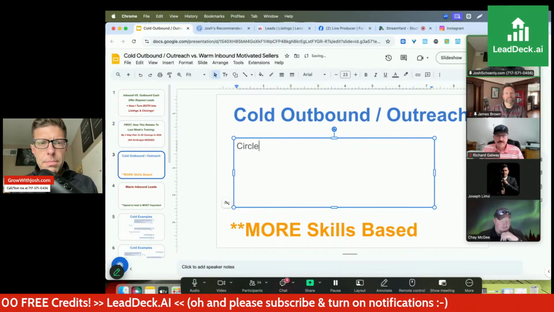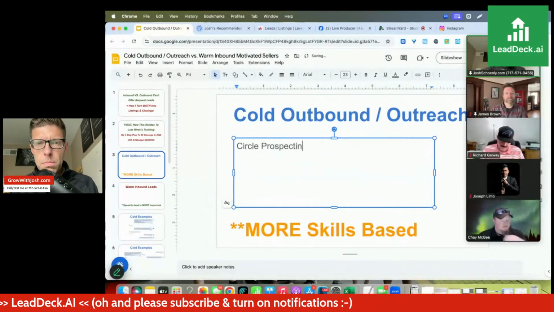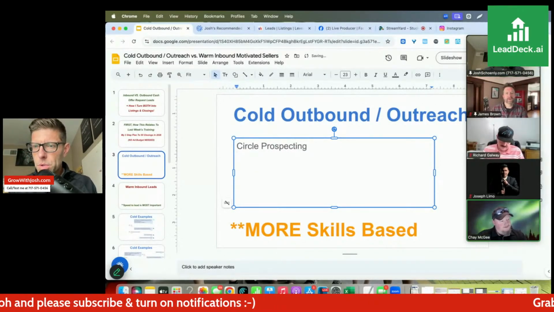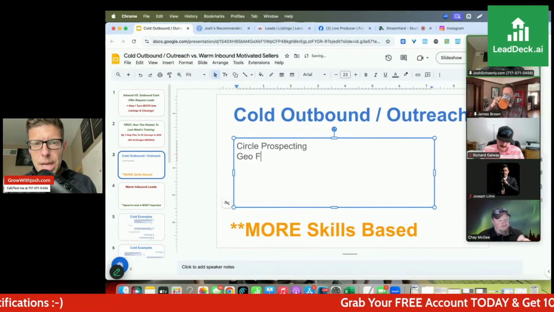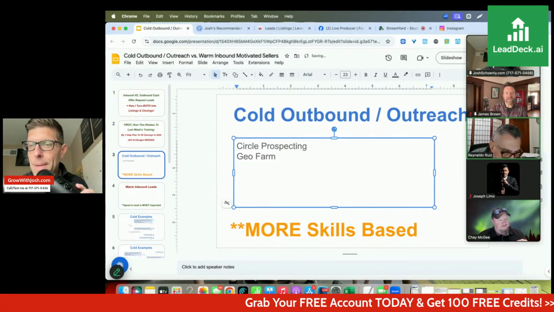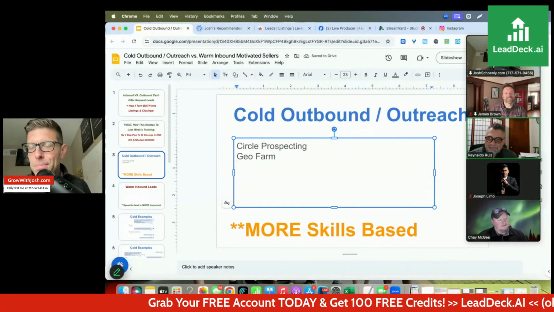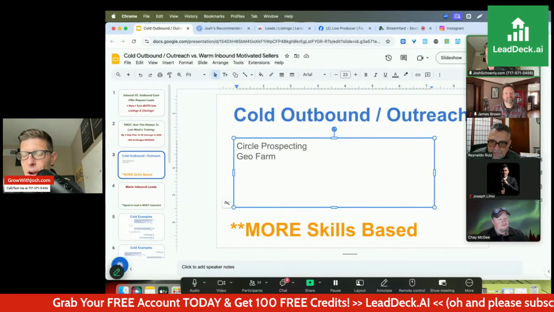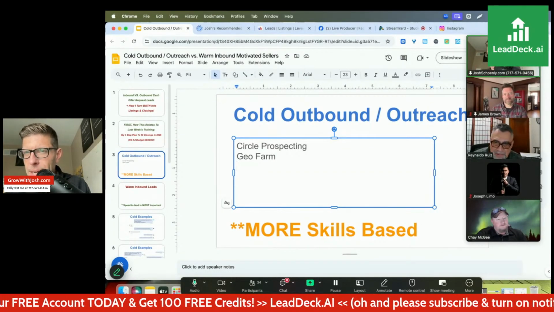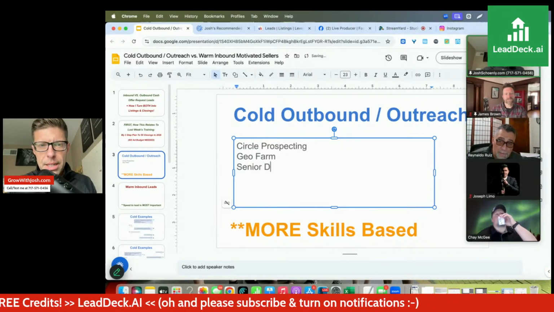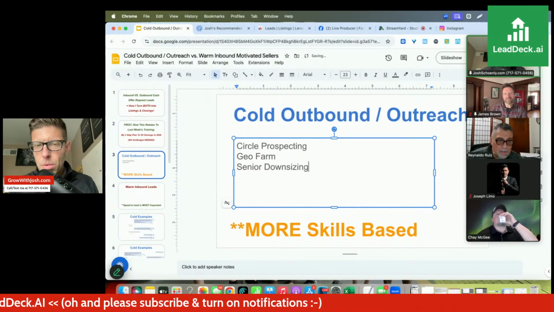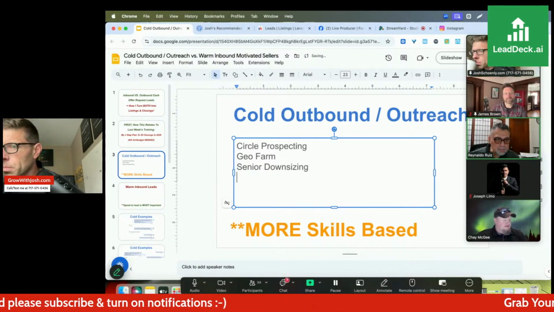Circle prospecting. All right, thank you, Joseph. Shay, what's that? GeoFarm. You guys are getting fancy. I was thinking way more simplistic than this, but go ahead. Sorry, Reynaldo, and then there was somebody else. It might have been Isabel. Senior downsizing. Okay, who else?